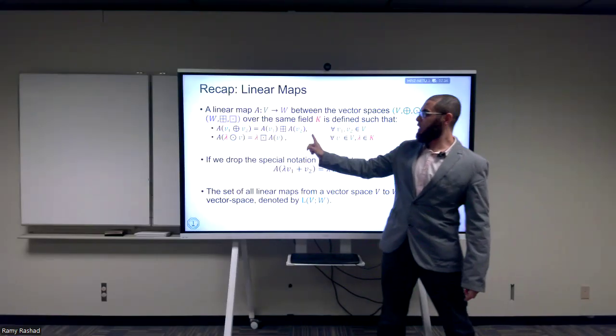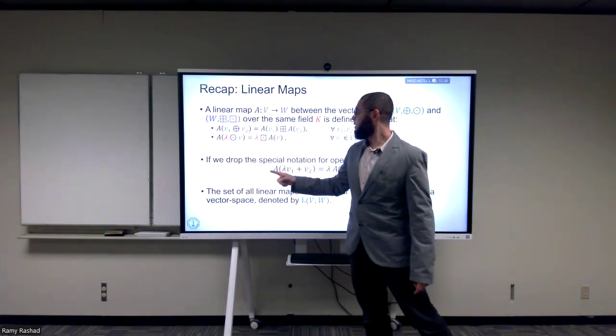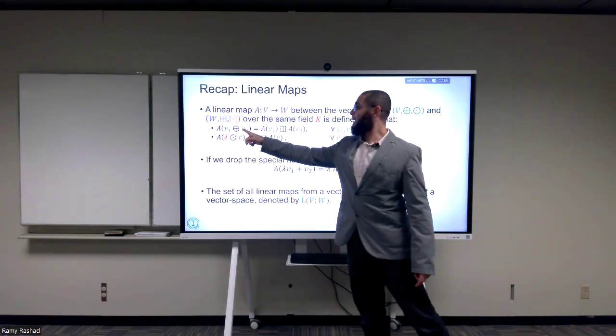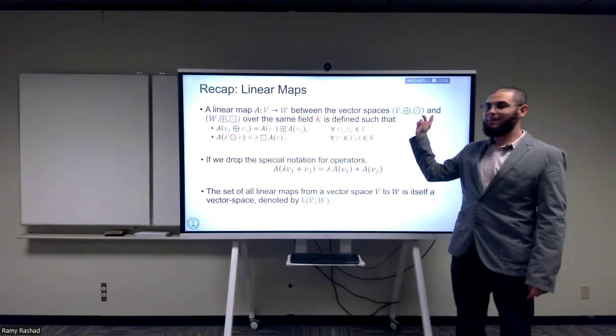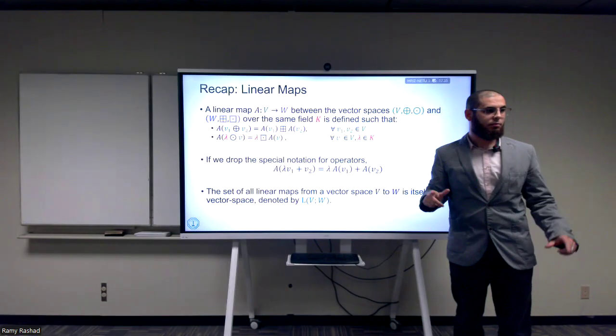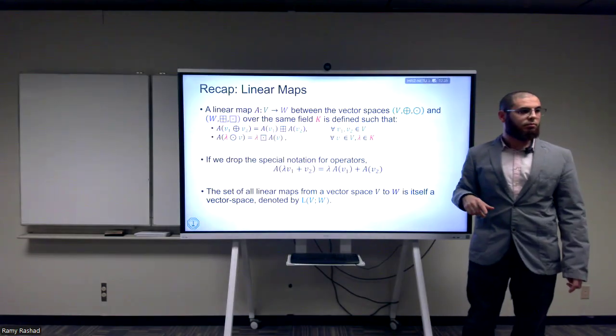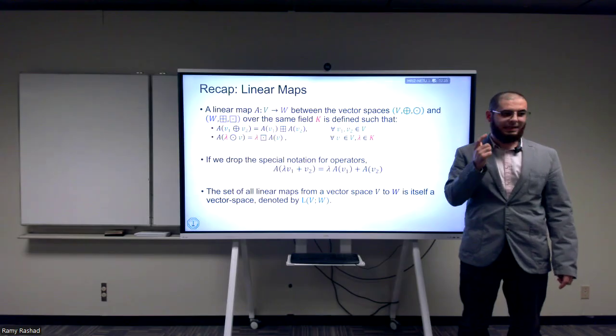You saw the circle dot, the square dot, the circle plus and the square plus, they all appeared in the definition. So it should respect the structure of both vector spaces. They are multiplication and addition. That's the name.